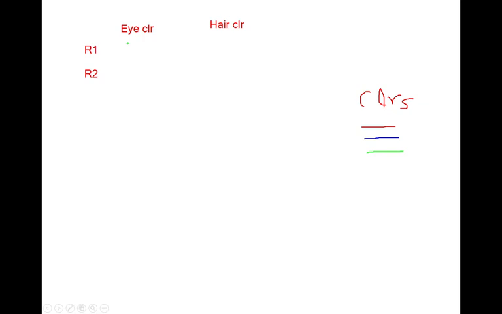Maybe this person has red eyes. Red eyes don't make any sense, so let us make it green eyes. And for hair, red hair, the person has colored their hair. And then this second person has blue eyes and green hair.